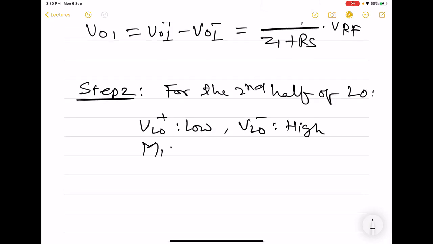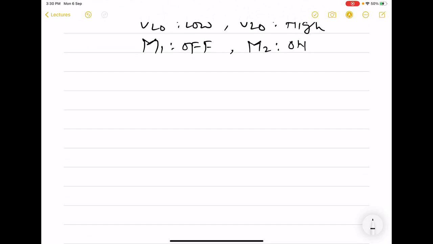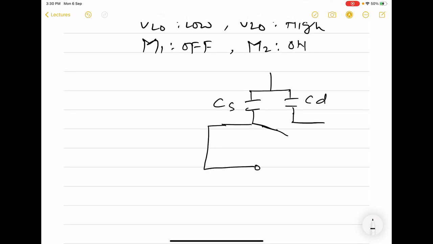So here we will have M1 off, M2 on. For this case, our circuit is going to look like this. Now this switch is open, while M2 is going to be closed.